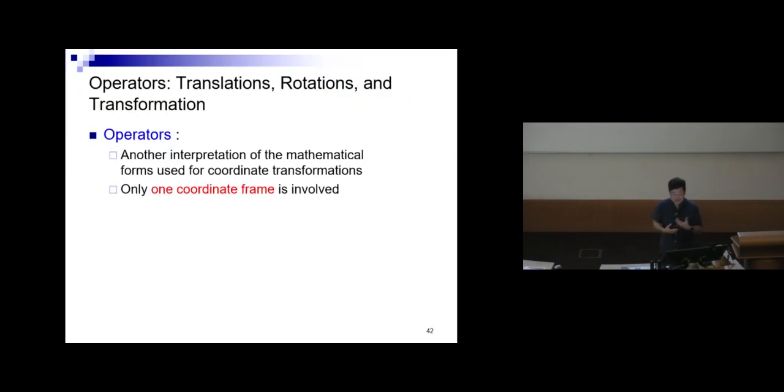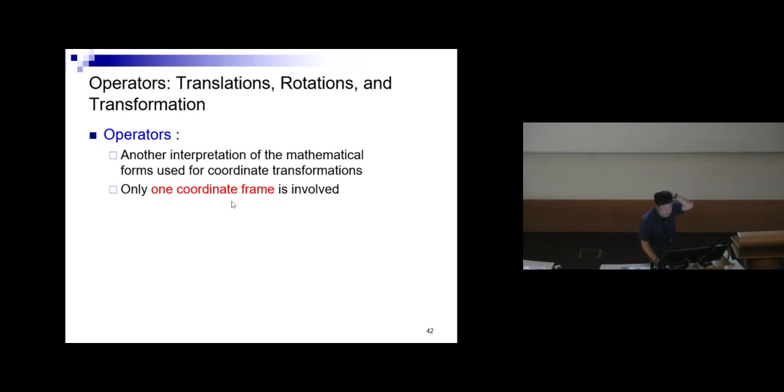Okay. So previously we were very much thinking of everything as frame transformations, transformation matrices and so on. Next, we look at the interpretation of the coordinate transformation as operators.